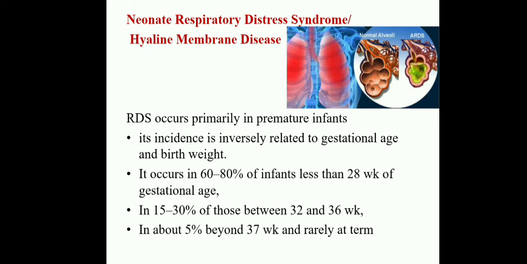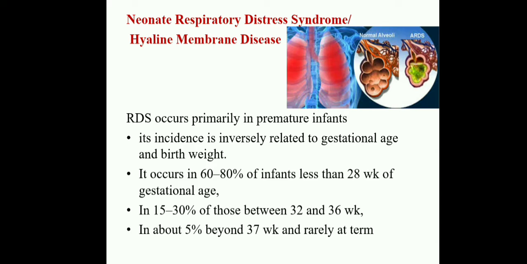Incidence is inversely related to gestational age and birth weight. It occurs in 60 to 80% of infants less than 28 weeks of gestational age. If a child is preterm, less than 28 weeks, RDS may occur in 60 to 80%.